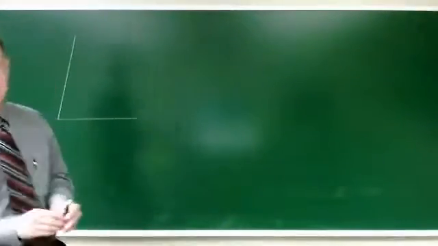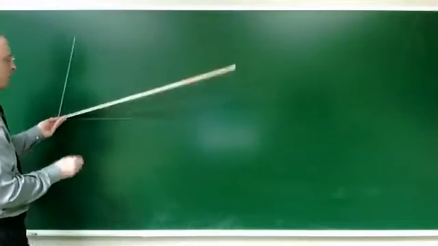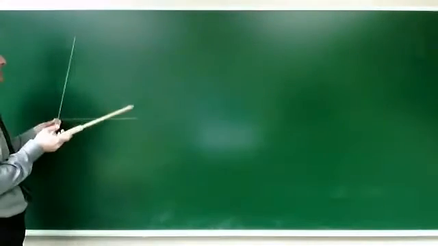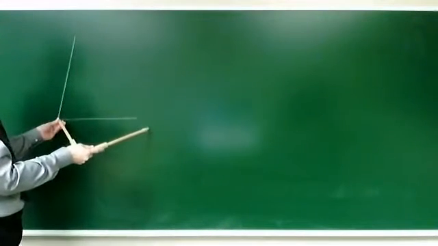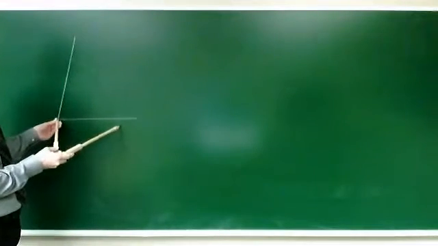You would put the point of the compass on the vertex and make an arc through both sides.